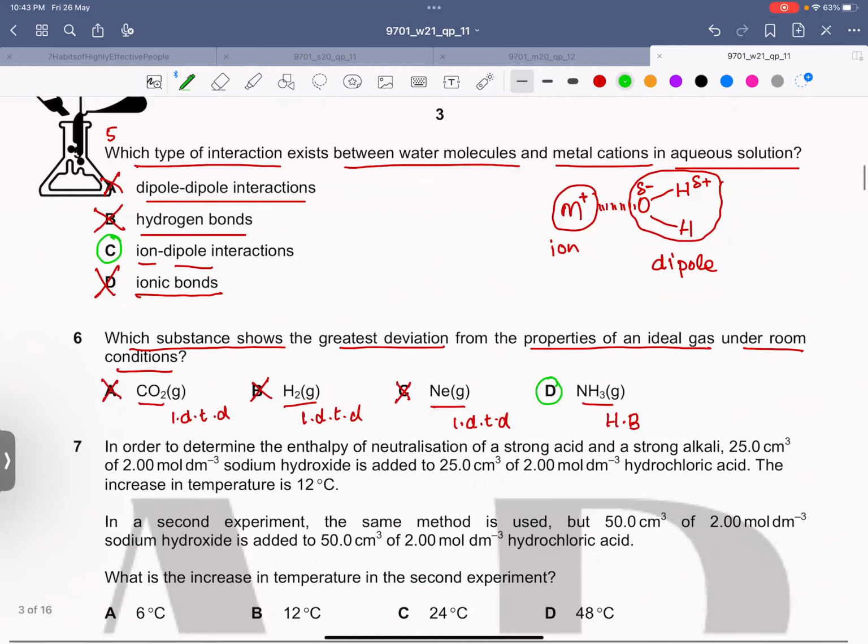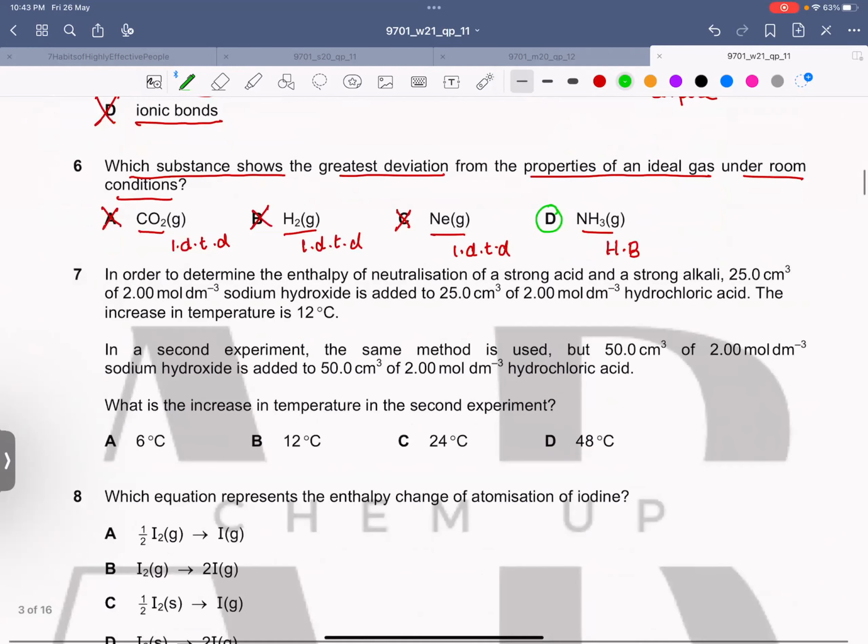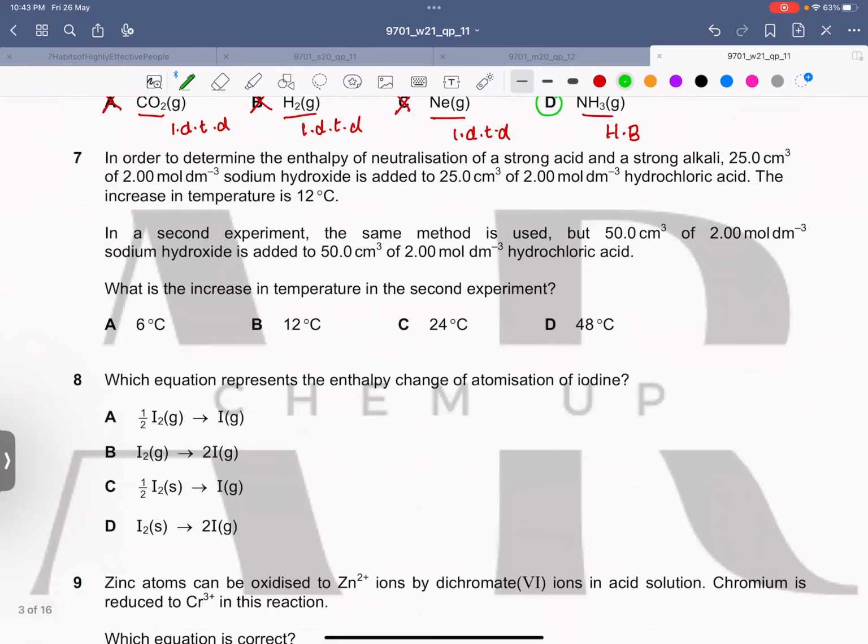Now, question number 7. In order to determine the enthalpy of neutralization of a strong acid and a strong alkali, 25 cm³ of 2 mol/dm³ sodium hydroxide is added to 25 cm³ of 2 mol/dm³ hydrochloric acid. The increase in temperature is 12 degrees Celsius. So what information have they provided?